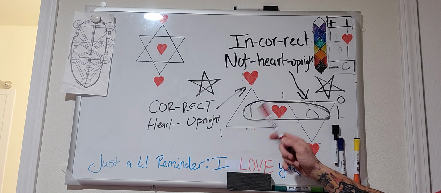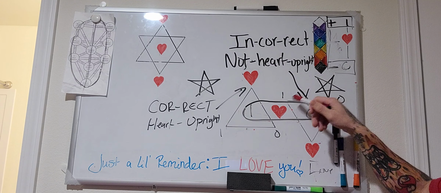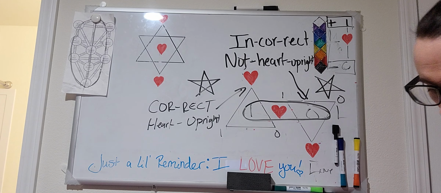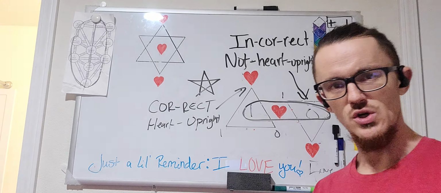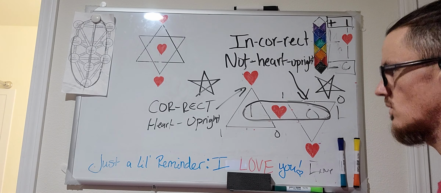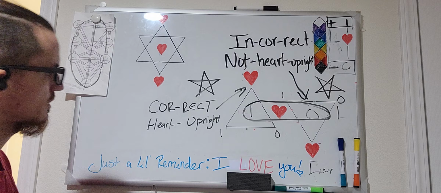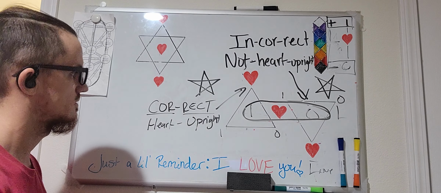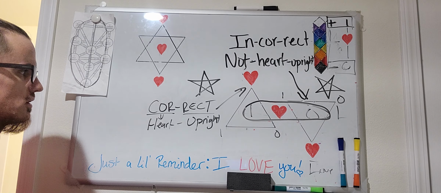we discussed the Star of David in terms of love and logic, and the unity between those two. I just wanted to do a little bit of a language breakdown on the words correct and incorrect. If you do a little bit of word splitting with correct, you get core and rect. Core is Latin for heart.